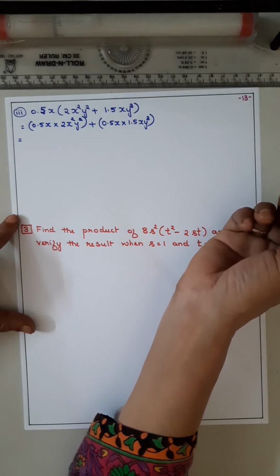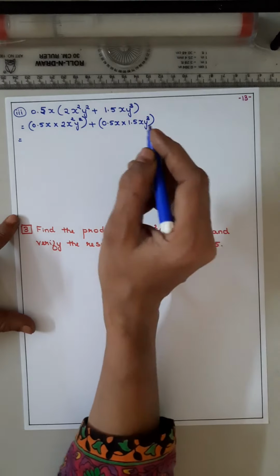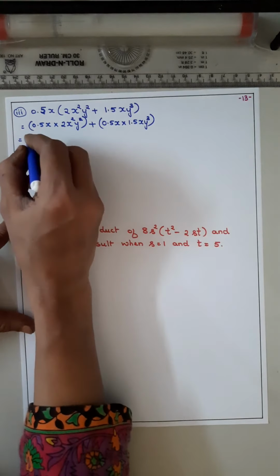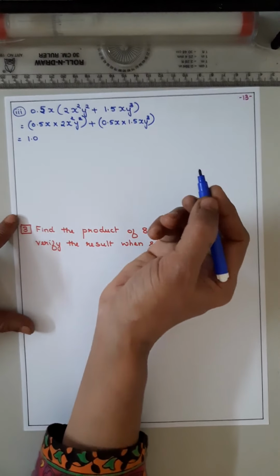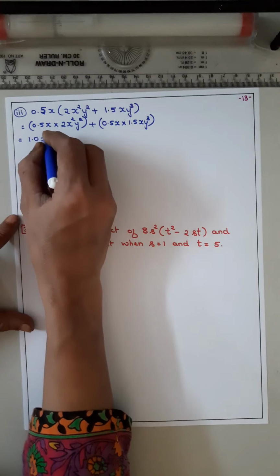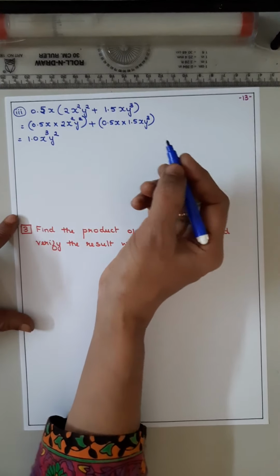0.5 into 2. 5 2s are 10. Now 1 decimal means 1.0. So 1.0 we'll put 1.0, that means 1. X and x squared, that is x cube, y squared.